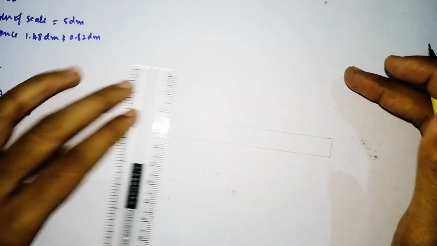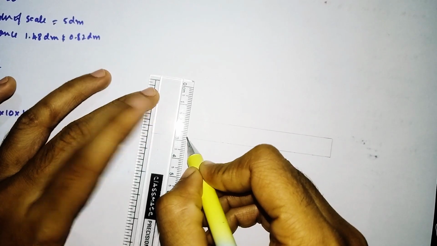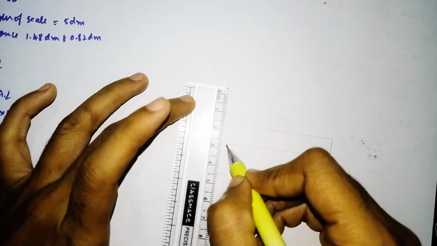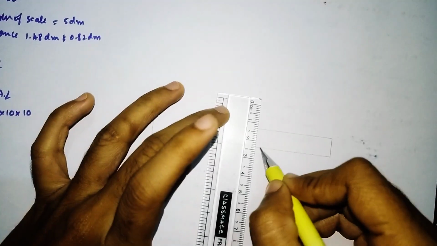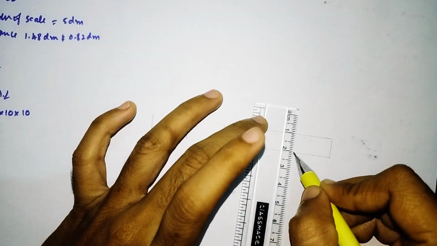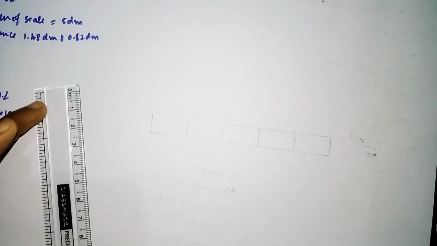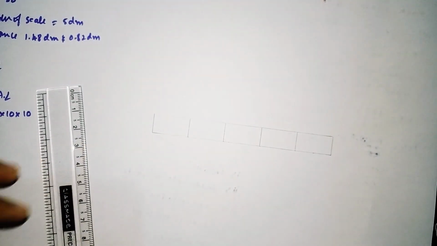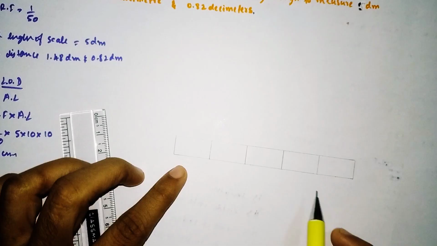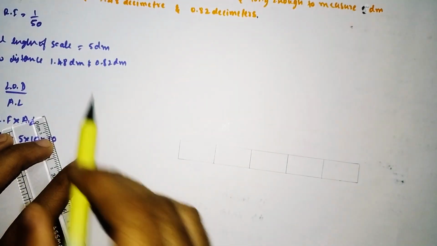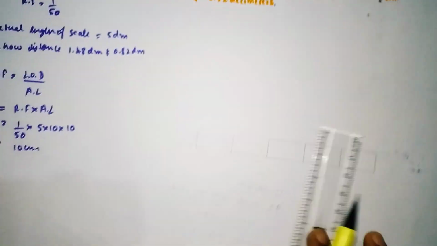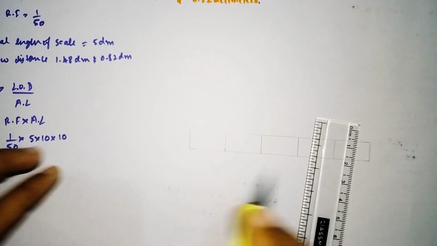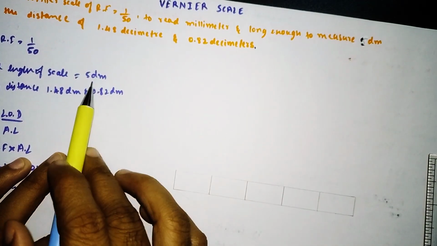So whatever we have marked, we have to join this line to here, trace these lines, mark it here carefully. Now you can see the 5 equal parts of 10 centimeter. Now this scale is in decimeter, so we should not think about the centimeter, because now we have to show the values in decimeter.